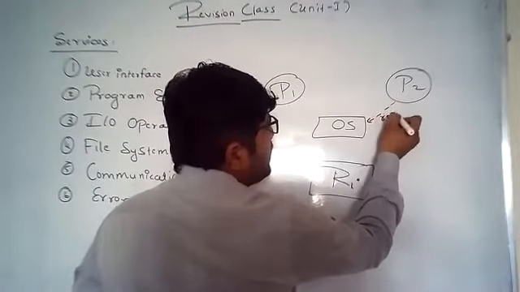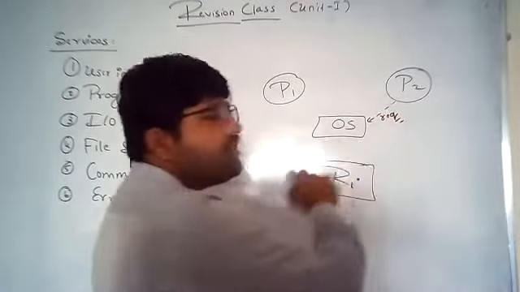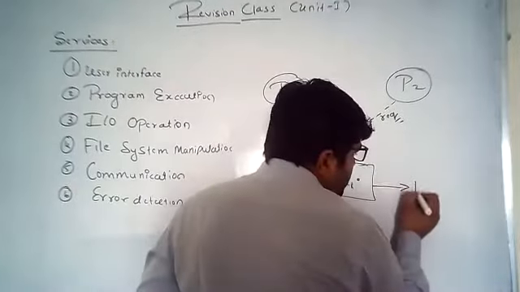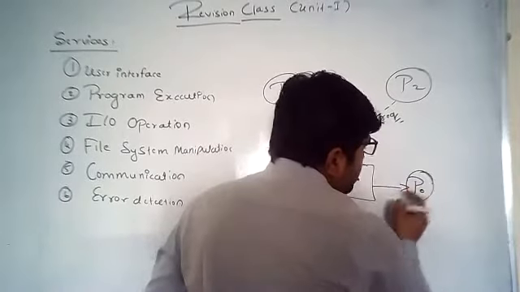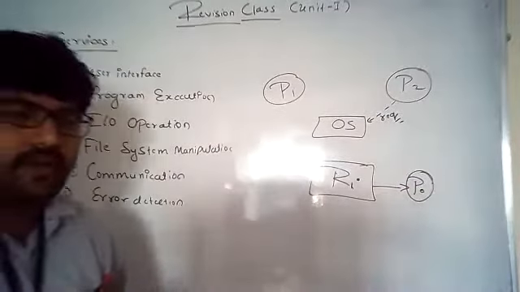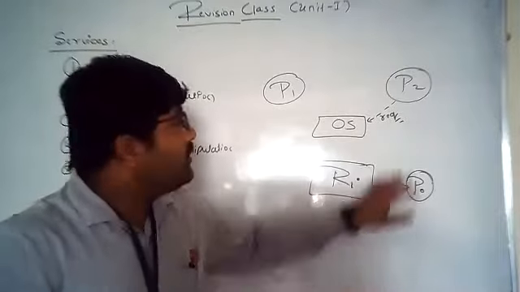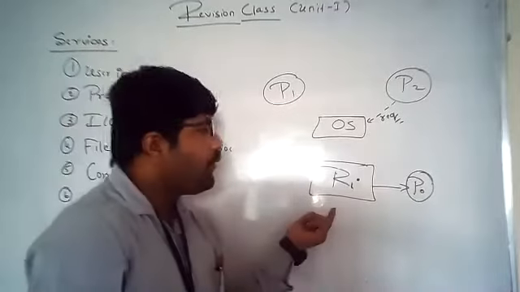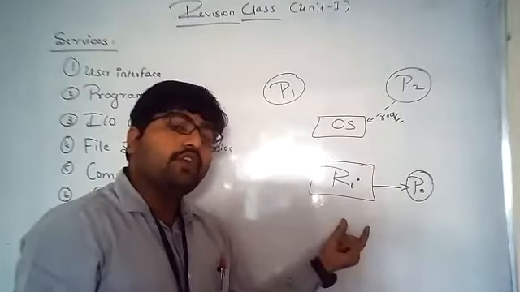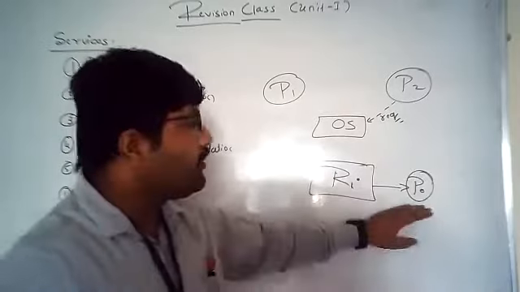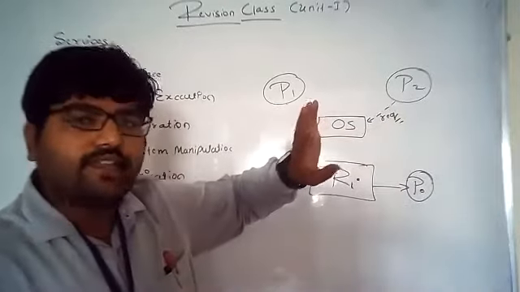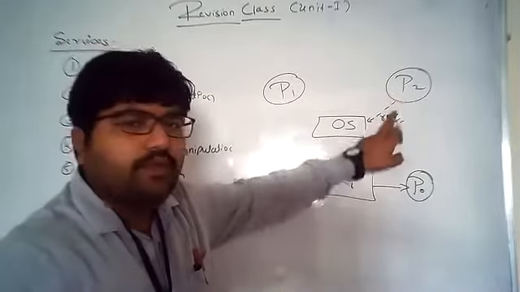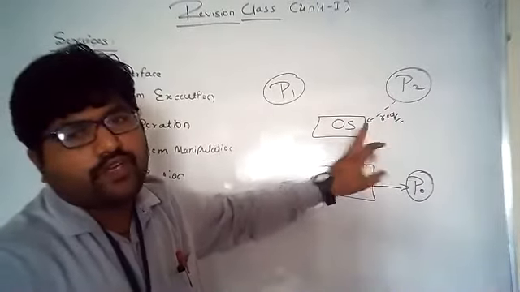P2 has already requested it, but R1 is already given to P0. So until P0 releases, P2 will not get this resource R1. P2 has already made a request to the OS.